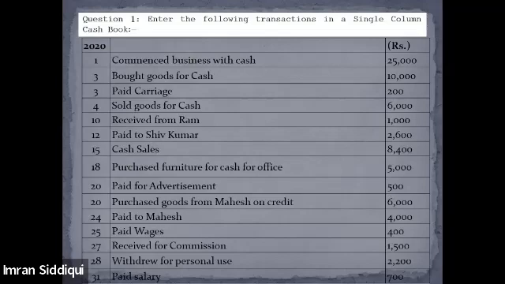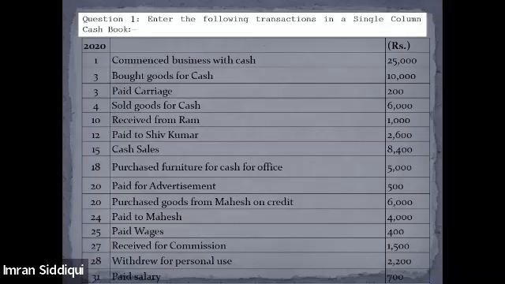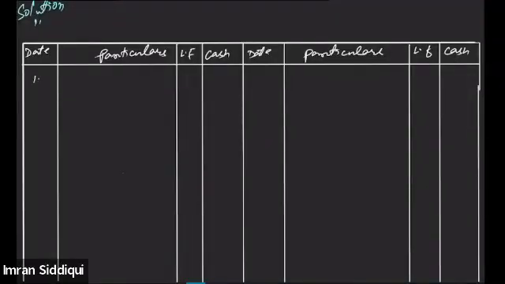So this needs to be recorded on which side of the cash book? On the debit side. The date is not given properly, so on the first day of the month, it will be written as 'To Capital Account' because capital will increase. It will be recorded by the name of capital, 25,000.